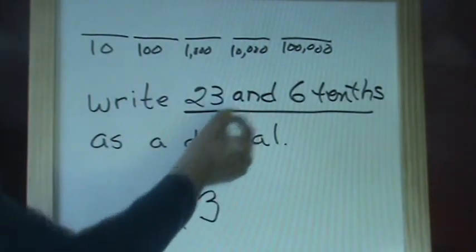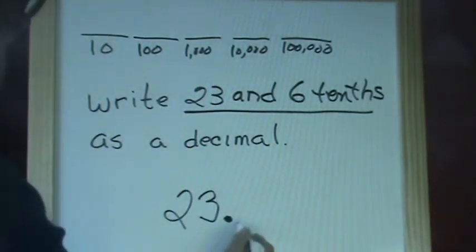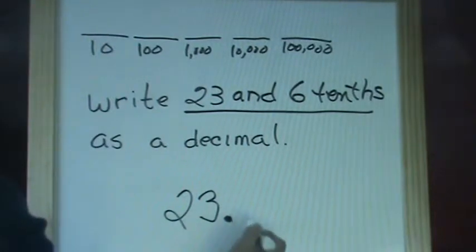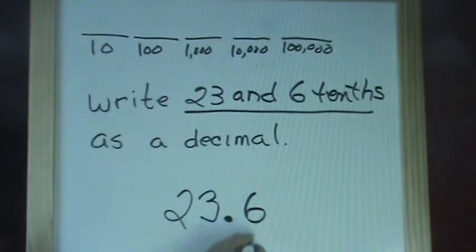We know that "and" means the decimal point. And now we have to have 6/10. We know the first place after the decimal is the tenths place. So 23 and 6/10 is whole number 23 and 6 in the tenths place.